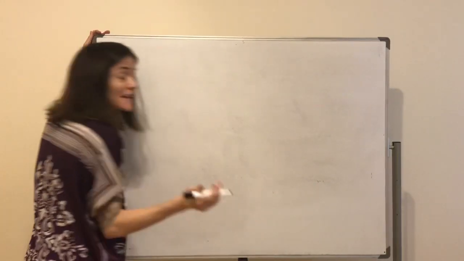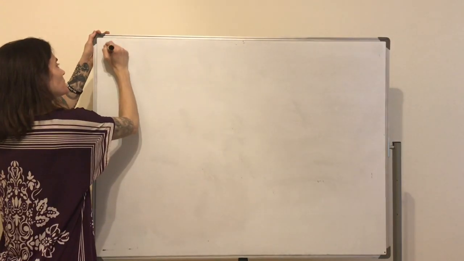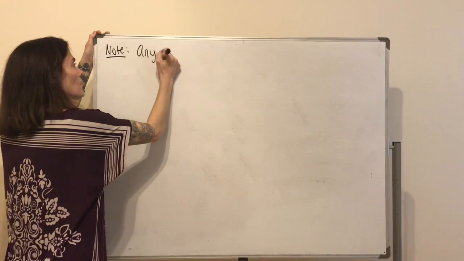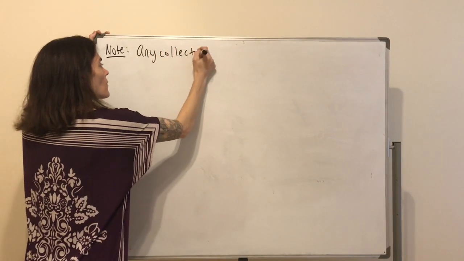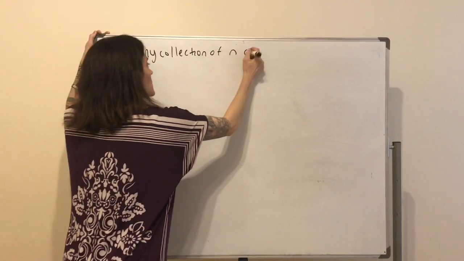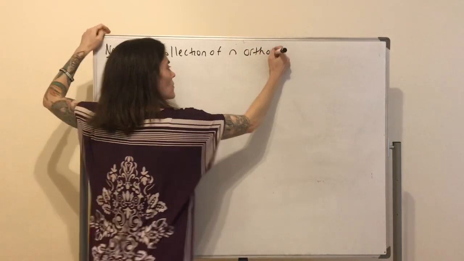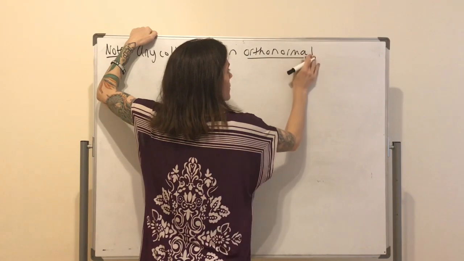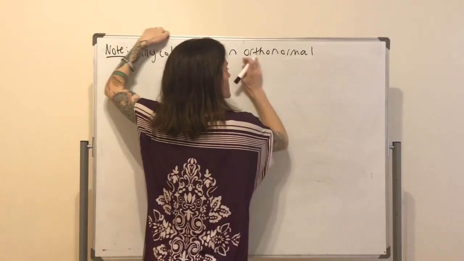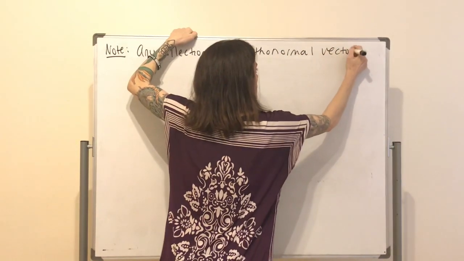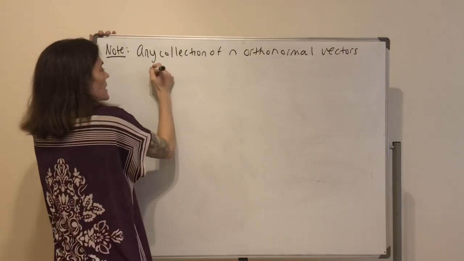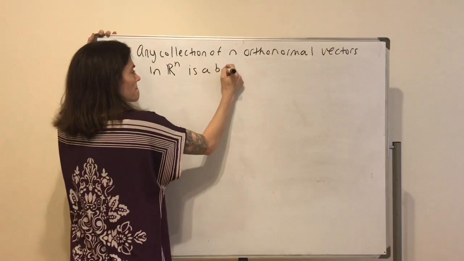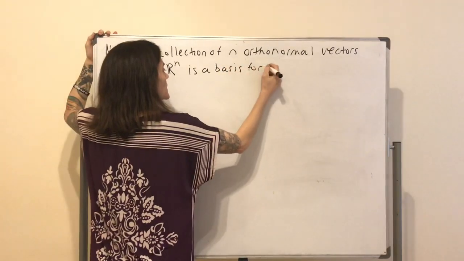One thing that we get from this is any collection of n orthonormal vectors in Rn is a basis for Rn.